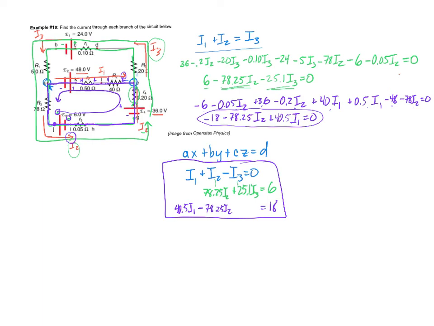And then I'm going to go ahead and do the same thing for my last equation there. That's 40.5 for the I1. It's going to be a negative 78.25 for the I2. It's going to be a 0 for the I3 because there's no I3 in that last equation. And then an 18 in that last one right there. So type in the 18.